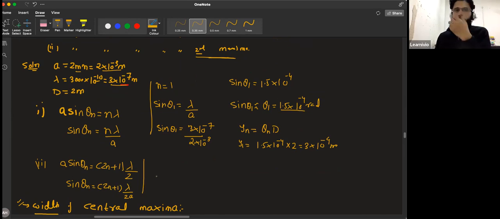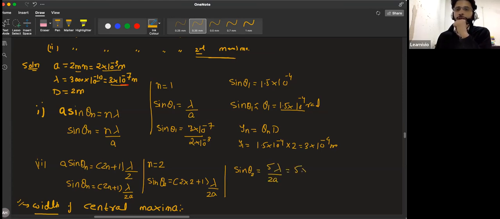So you can substitute all values here. You need the second maxima, which means n is equal to 2. So sine theta 2 is 2 into 2 plus 1, lambda by 2a. So sine theta 2 is 5 lambda by 2a.